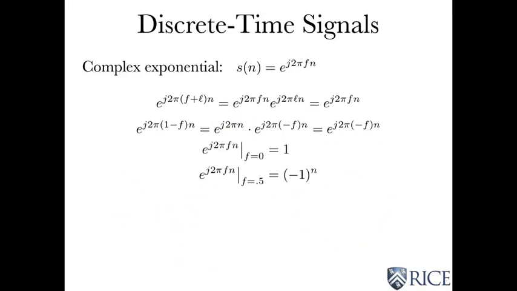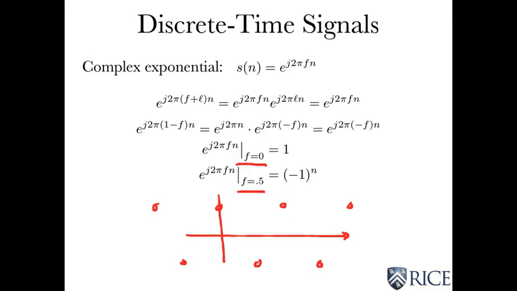So here's the name of the game. The lowest frequency sinusoid occurs at f equals 0. The highest frequency complex exponential, rather, is at a frequency of 0.5. That's the highest frequency that makes any sense. You go a little bit higher than that, you wind up back at negative frequency. And this highest frequency complex exponential turns out to be alternating between plus and minus 1 forever.